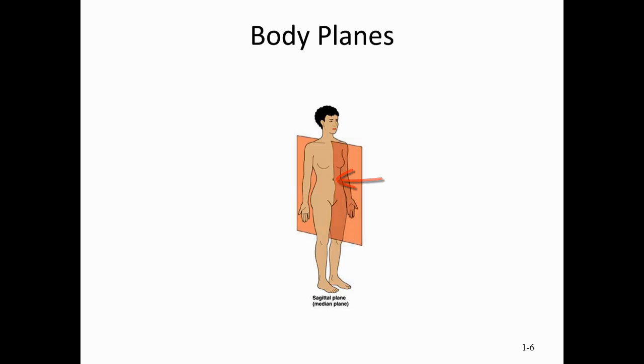A mid-sagittal section will give you equal right and left halves. So remember, a sagittal section gives you right and left halves. If this were off to the side a bit, off of center, off of the midline, we would have what's called a parasagittal section, which would give us unequal right and left sections.